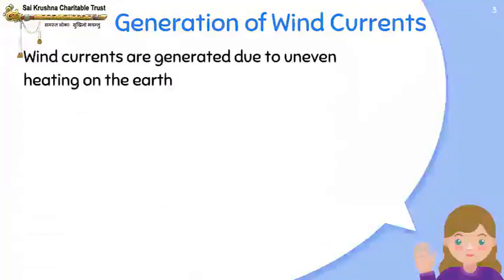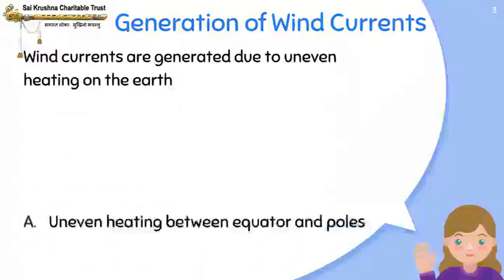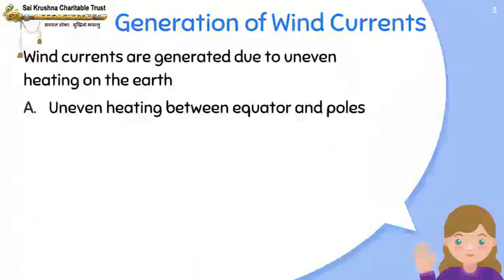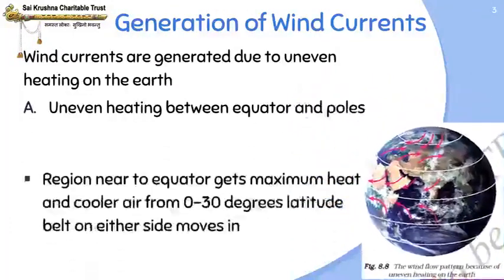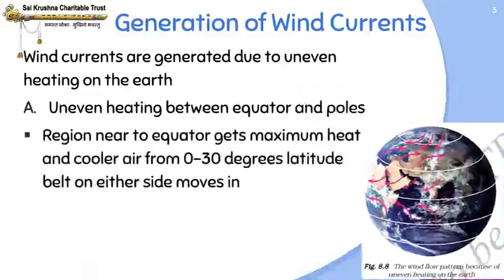Generation of wind currents. Wind currents are generated due to uneven heating on the earth. First, we'll see uneven heating between equator and poles. So we know that the area near the equator gets maximum heat from the sun. Because it gets maximum heat, the air in these regions gets warm as compared to the belts on either side of the equator.